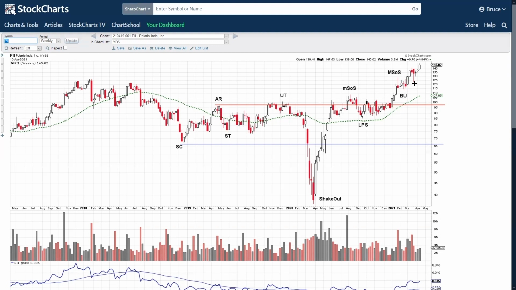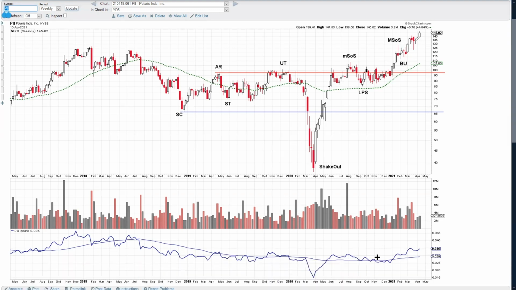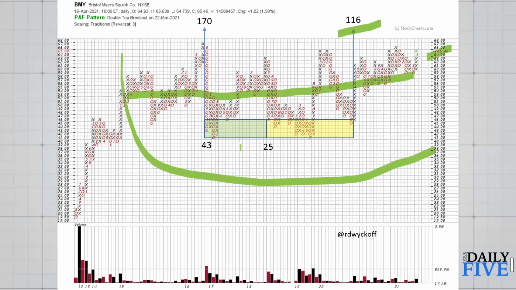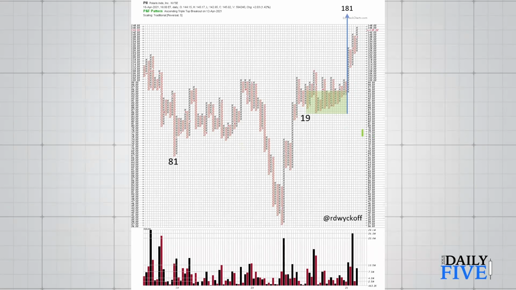Now it's at minor new highs above this 2018 area and is trying to assert its uptrend. Relative strength confirmed up with price. Institutions are going to really like that. So what does the point and figure look like here? And there is Polaris.